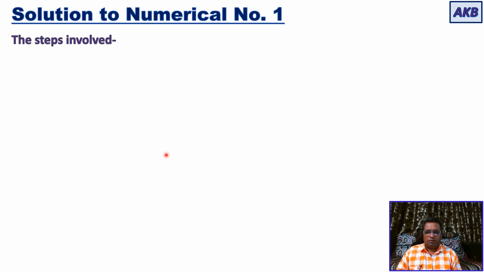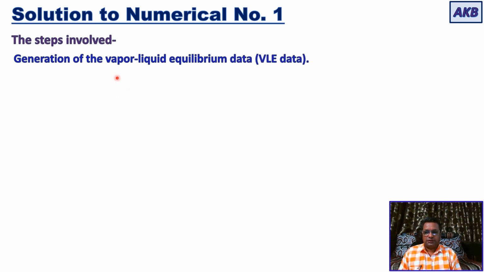Once we know what approach is to be followed, let us list the steps that we need to follow to solve this numerical. First, since we have to plot the graph, we need the vapor liquid equilibrium data, that is VLE data, XY data. That is not given to us, so we need to generate it.